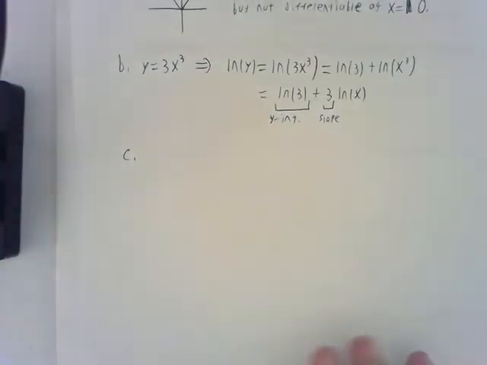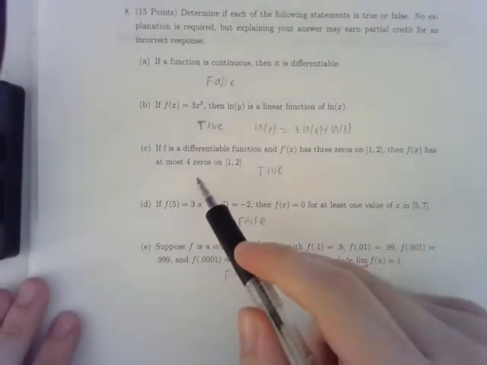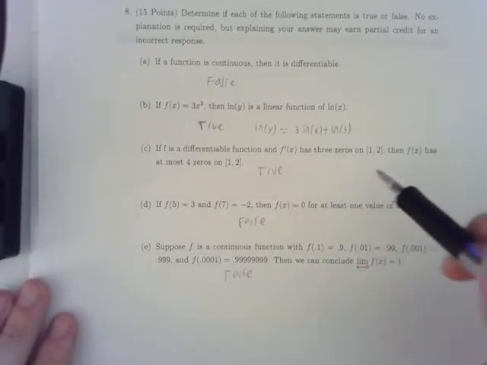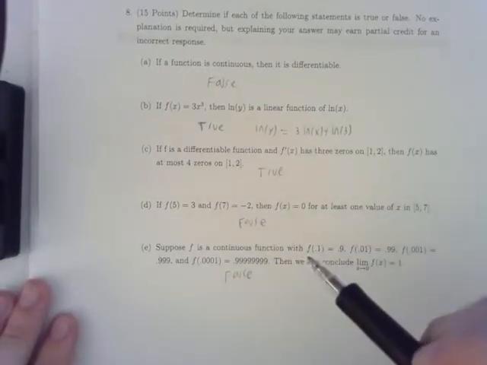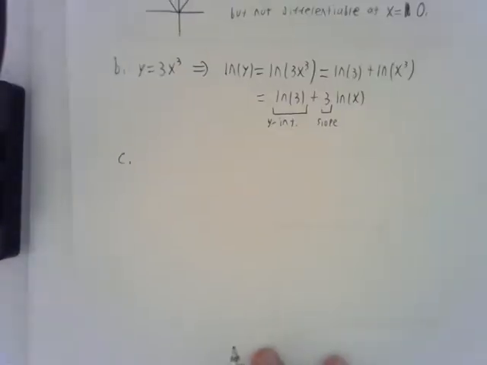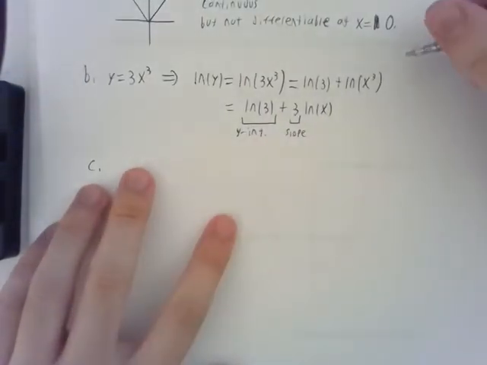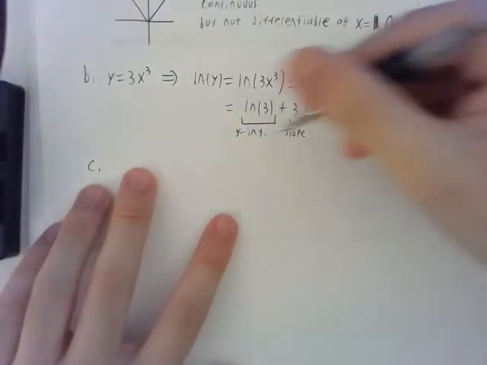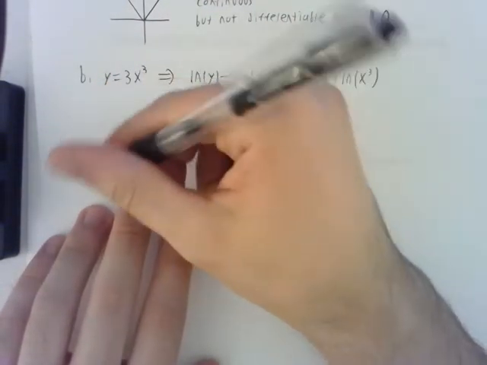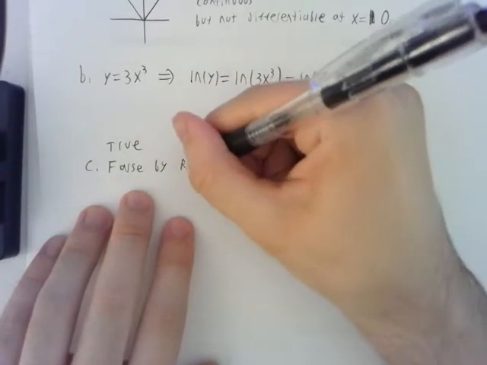Alright, let's look at C. So C says that if f is a differentiable function and f prime has 3 zeros between 1 and 2, then f of x has at most 4 zeros on that interval. And this is true by Rolle's theorem. By the way, I should say that this last one was true.